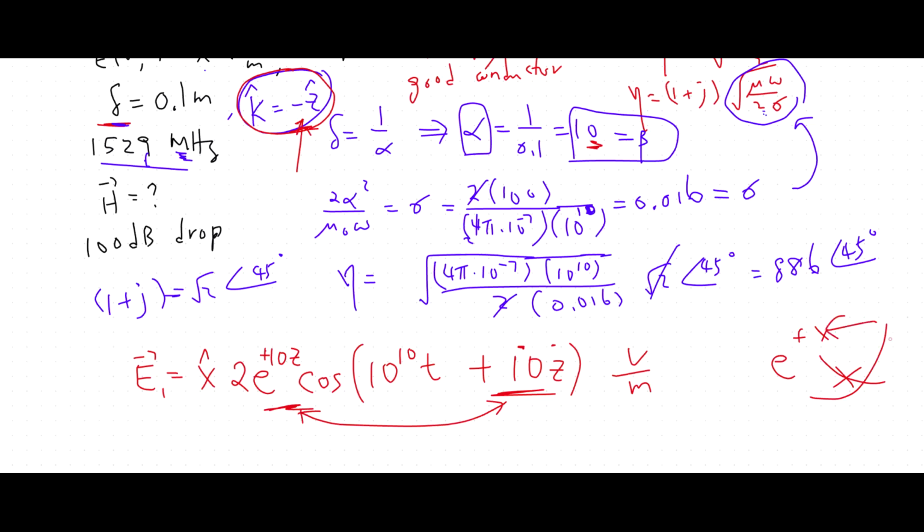So yeah, exponential decay going to the negative direction. Right? Nice catch. I hope you can remember this. For good conductors, this term is always the same as this term, always. Doesn't matter how complicated it is, they're always the same. So this is E1.